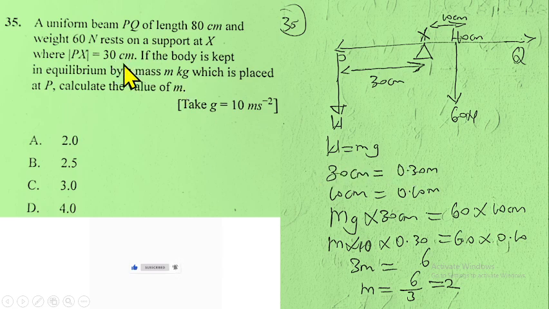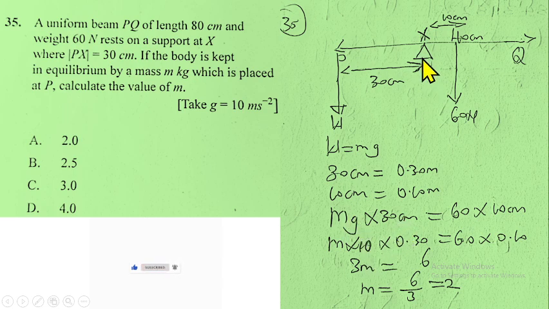So that means we need to convert all this to meters. 30 centimeter to meter will give us 0.30 meter by dividing by 100. The 10 centimeter we got here, you can also convert to meter. You have 0.10 meters.